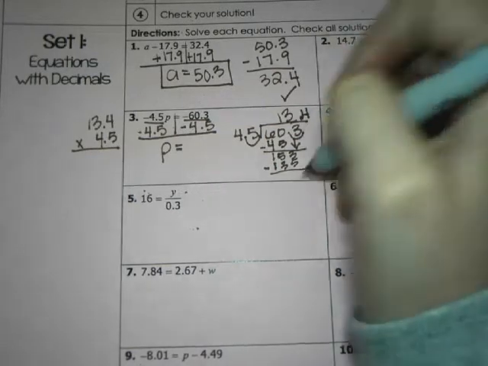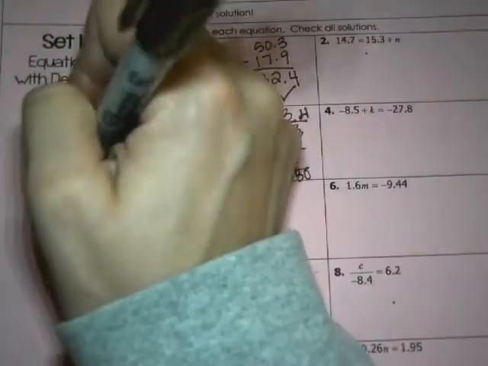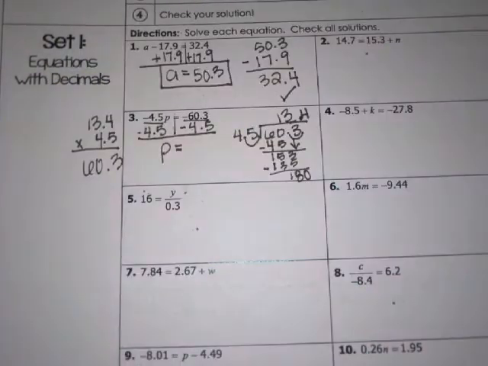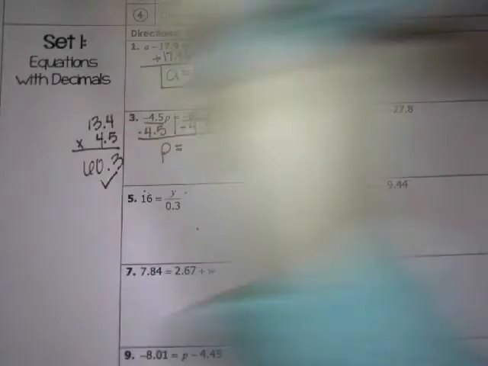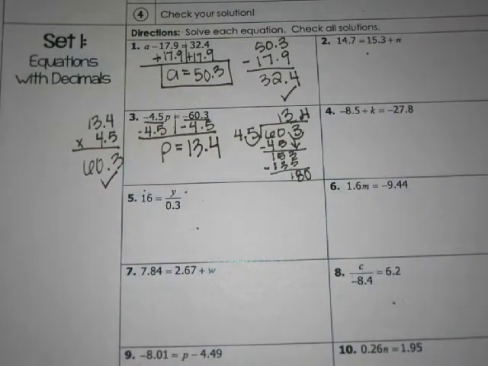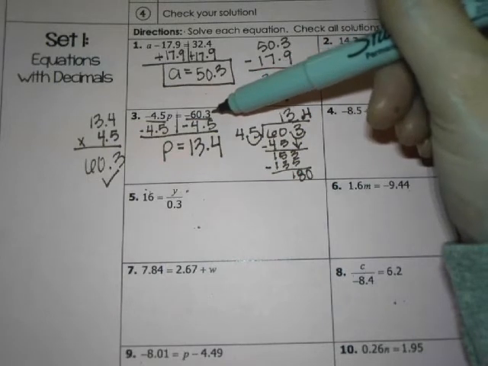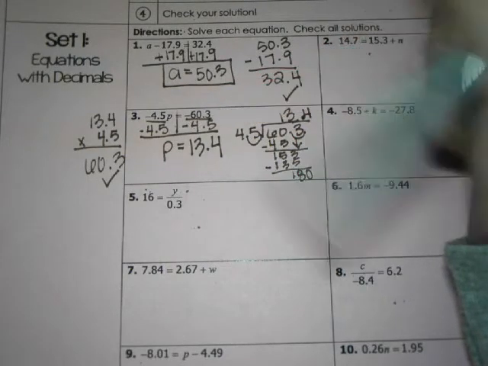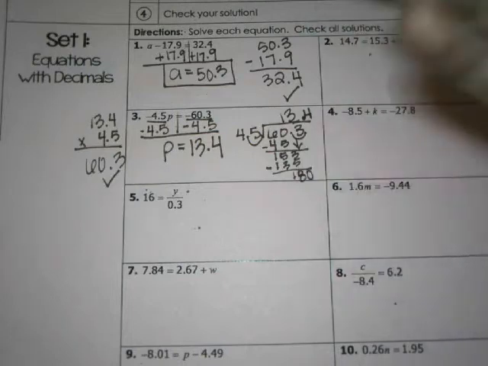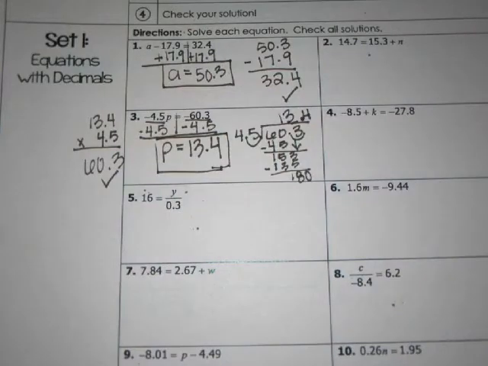Did we get our answer, guys? Yeah. So we got 60.3 when we multiplied, right? So we know we did it right. Always double check your answer. Is it a positive or a negative? The negative 60.3 divided by a negative 4.5. What is it? It is a positive. So your answer is a positive 13.4.